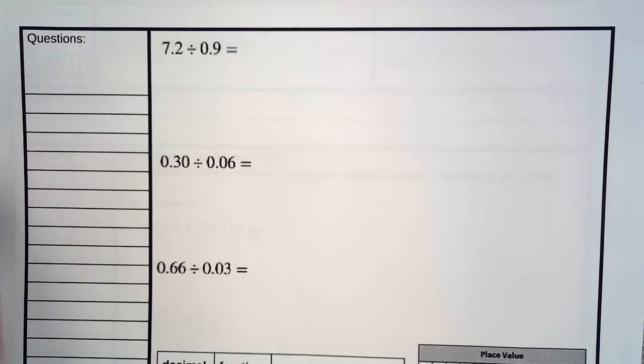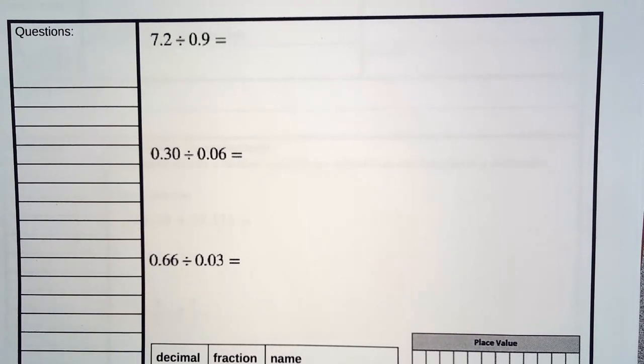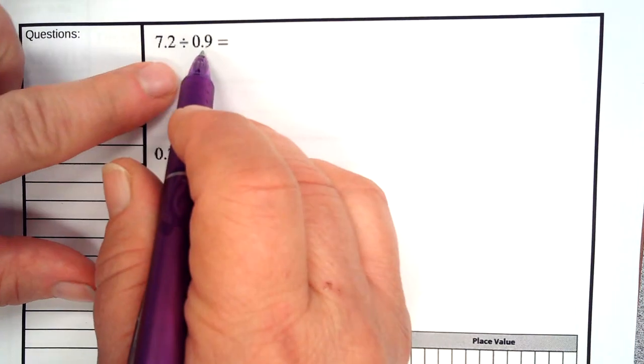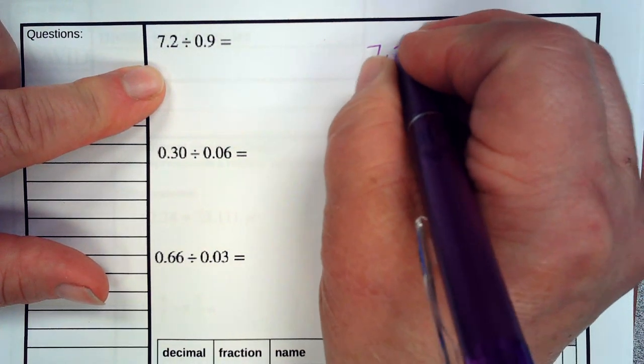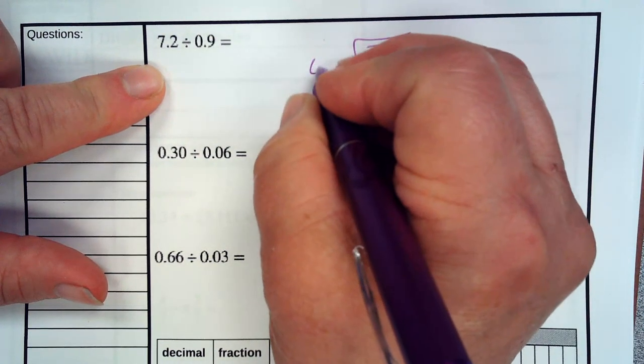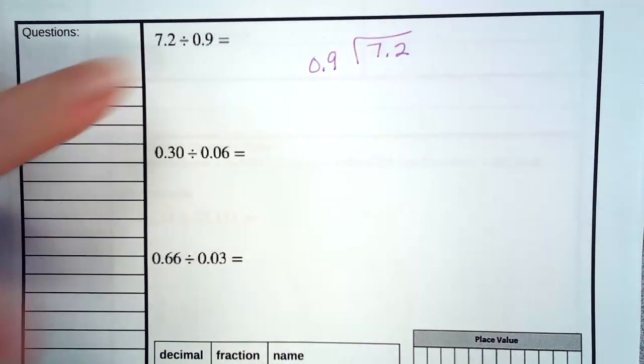Okay, let's see if you can set the next one up on your own. I hope you tried. Dividend, divisor. So 7.2 divided by 0.9.